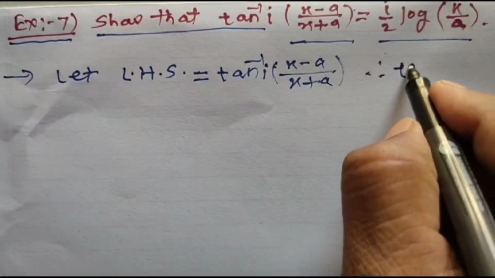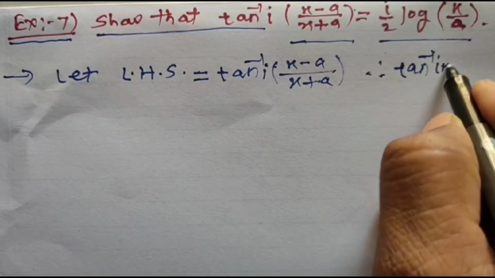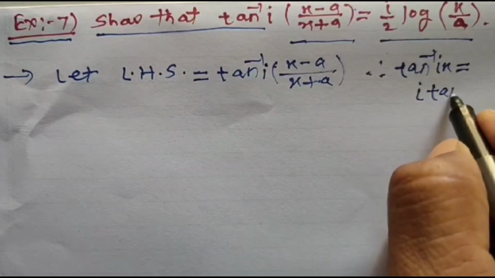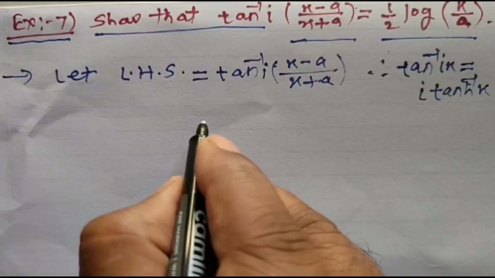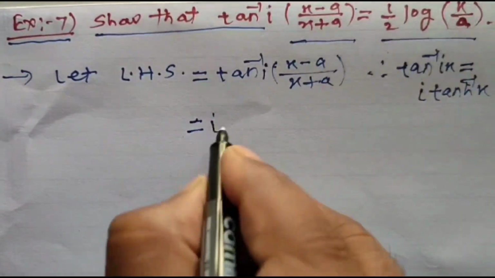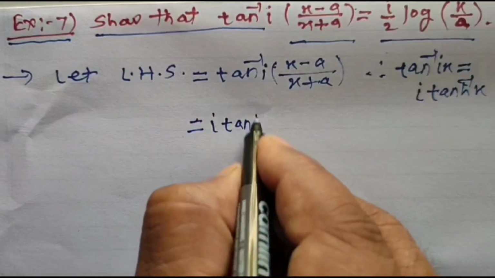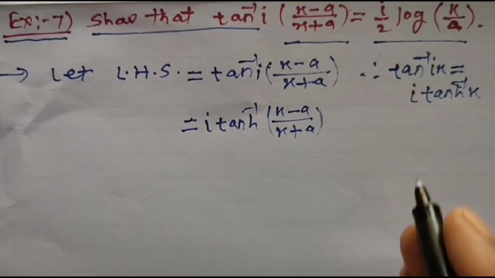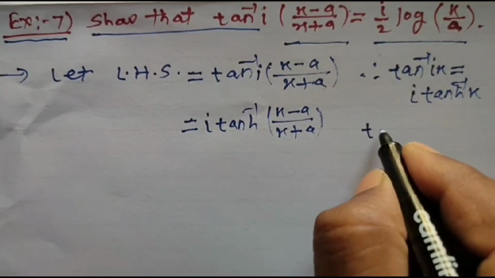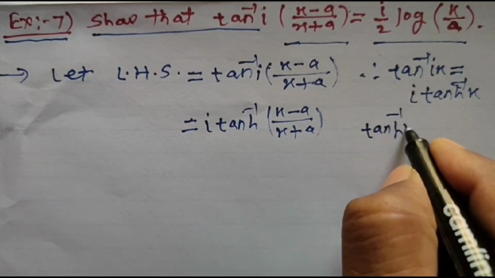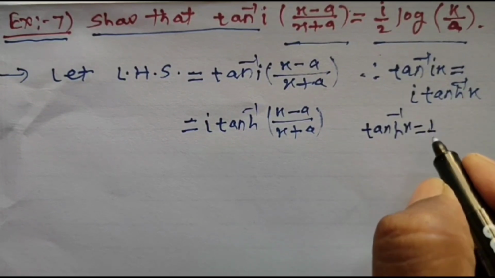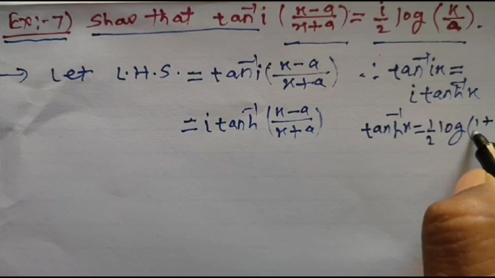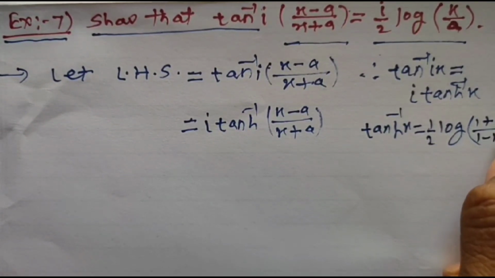We know tan inverse ix is equal to i into hyperbolic tan inverse x. Okay, so this is equal to i into hyperbolic tan inverse of (x minus a divided by x plus a). Now we know this formula, hyperbolic tan inverse x is equal to 1 upon 2 logarithm of 1 plus x divided by 1 minus x.